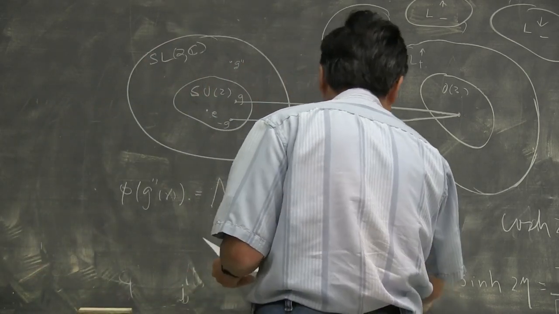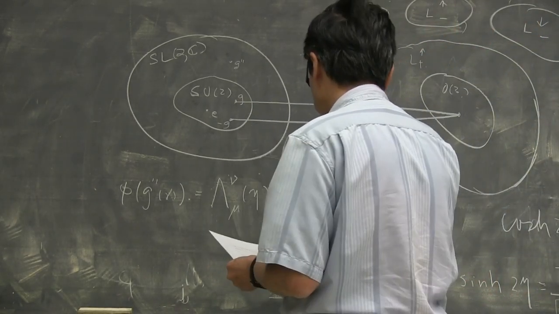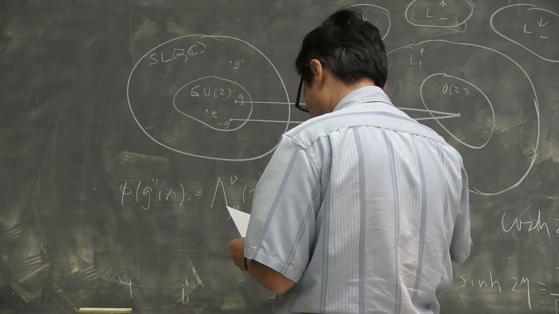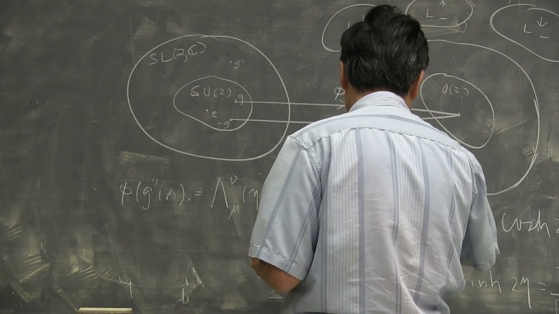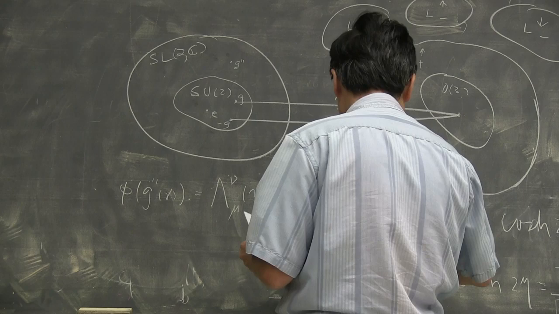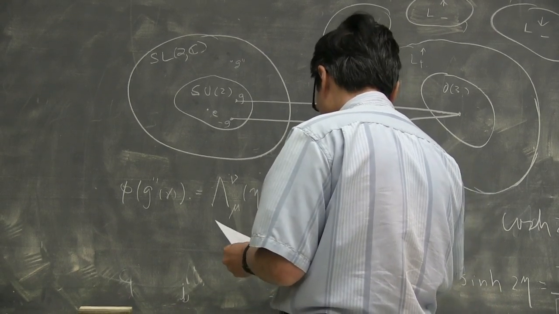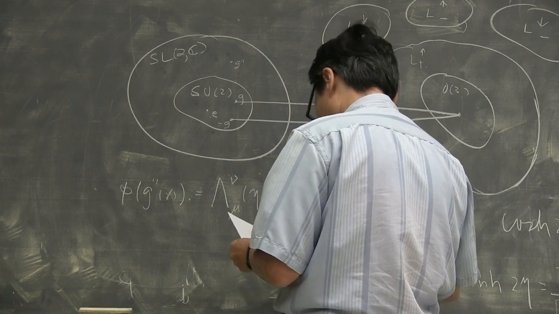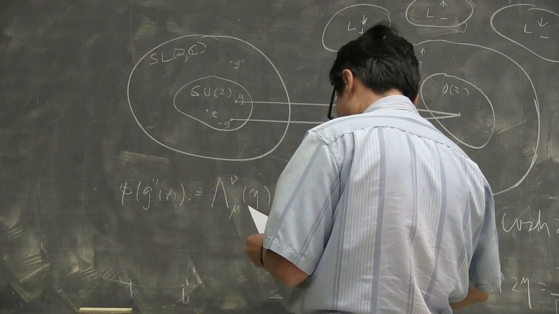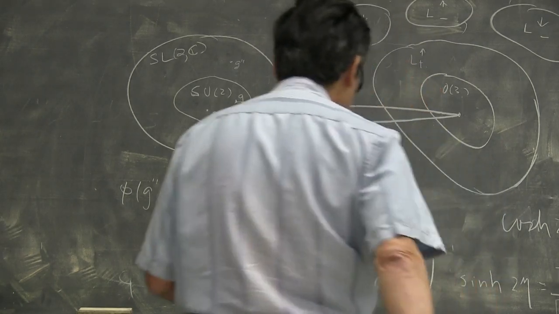And the 4x4 matrix is then cosh 2 eta 0 0 sinh 2 eta; 0 1 0 0; 0 0 1 0; sinh 2 eta 0 0 cosh 2 eta.